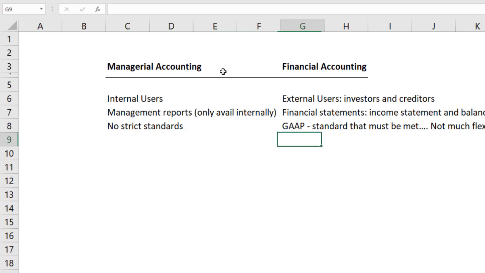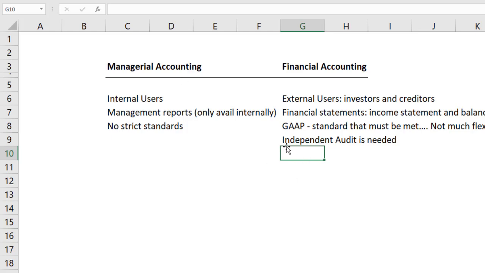Because the financial statements are being used by external users that don't really have a way to check if the numbers are accurate, they must be audited. So a third party goes in and double checks to make sure that the financial statements represent the business. In other words, the income statement and balance sheet show the business in its true light.